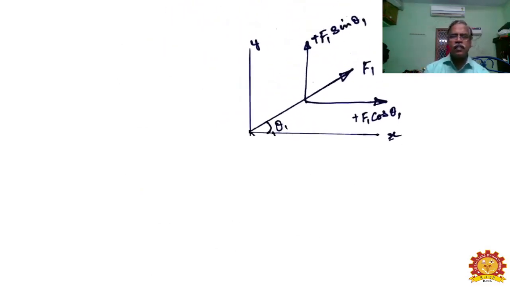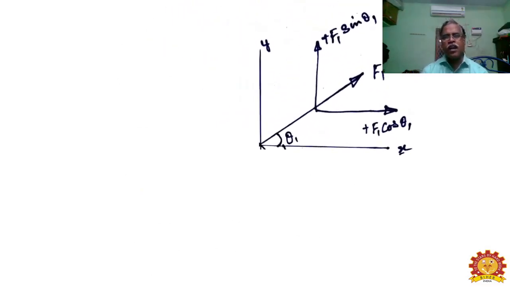Now if you see the first quadrant, because the force is inclined at an angle, any inclined force can be resolved vertically and horizontally. So I have taken F1 in the vertical direction as well as the horizontal direction.